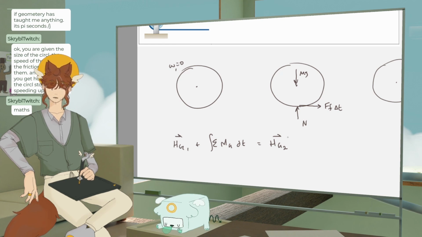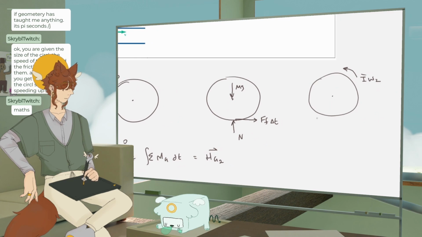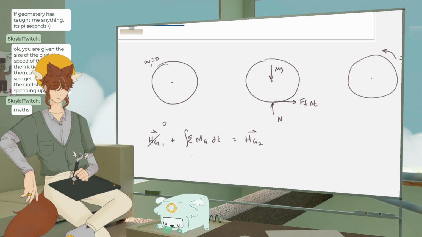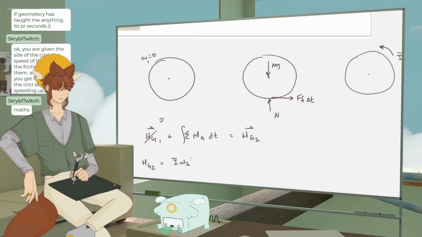We would get the friction being our... Oh, we can do this. This is going to be 0, because we don't have an omega. And so let's say hg2 equals I bar omega 2. We don't have anything else.